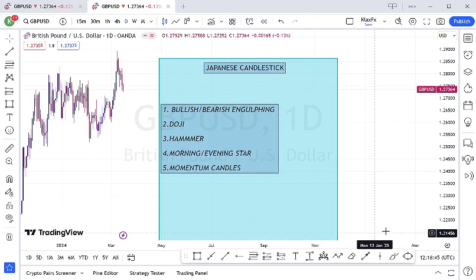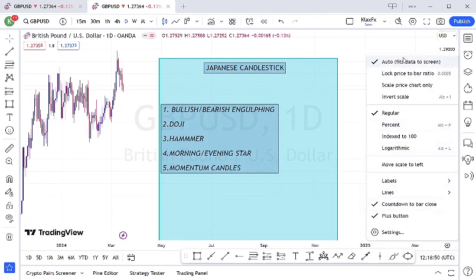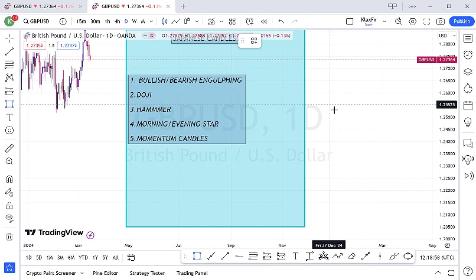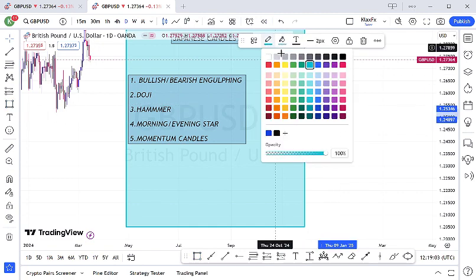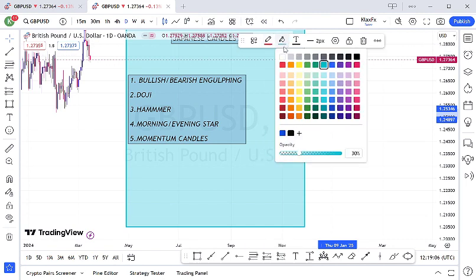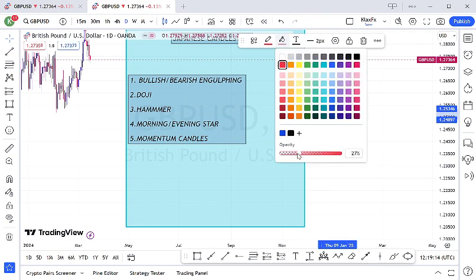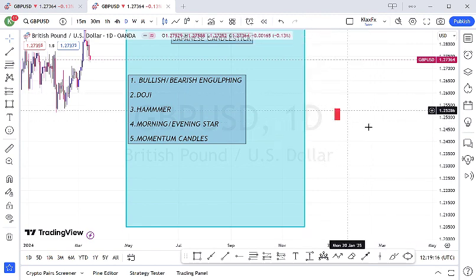So the first candlestick pattern we have here is called the bullish engulfing. My favorite candlestick pattern, the bullish engulfing. So this is how it looks. Let's say I change the color to red.